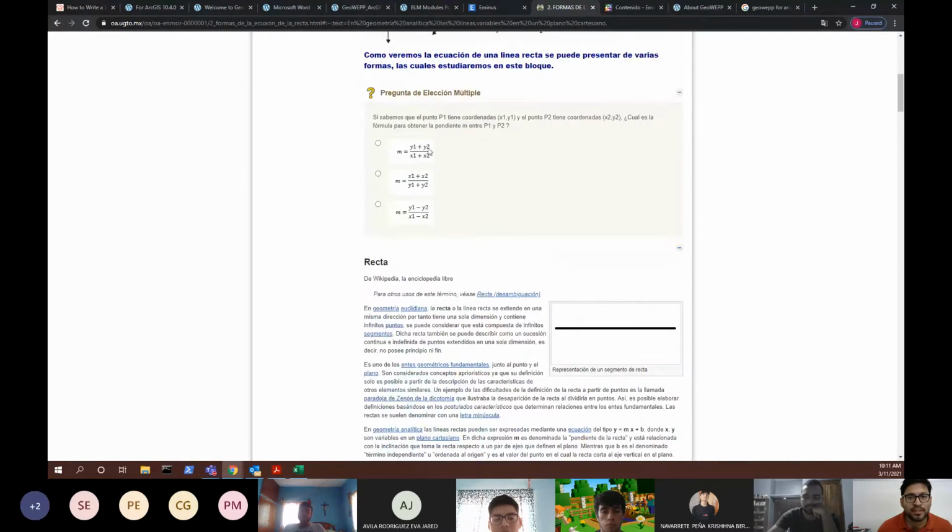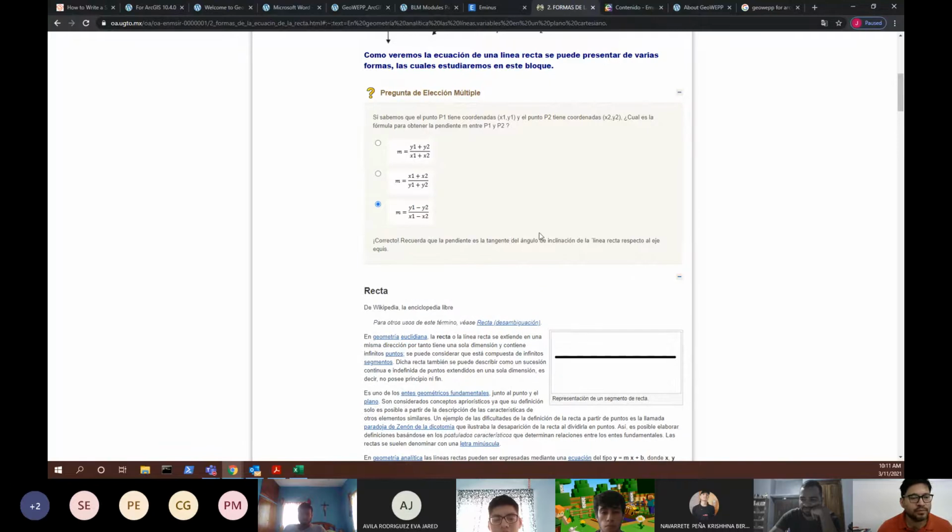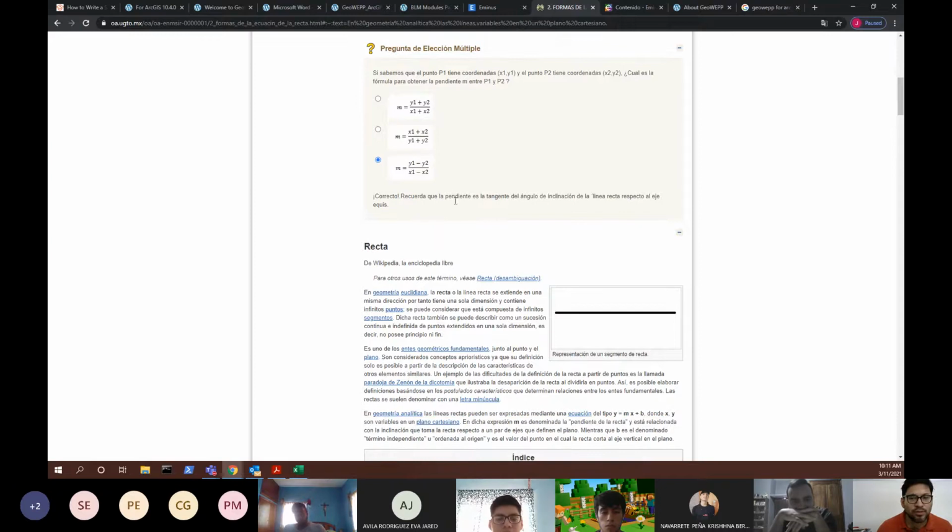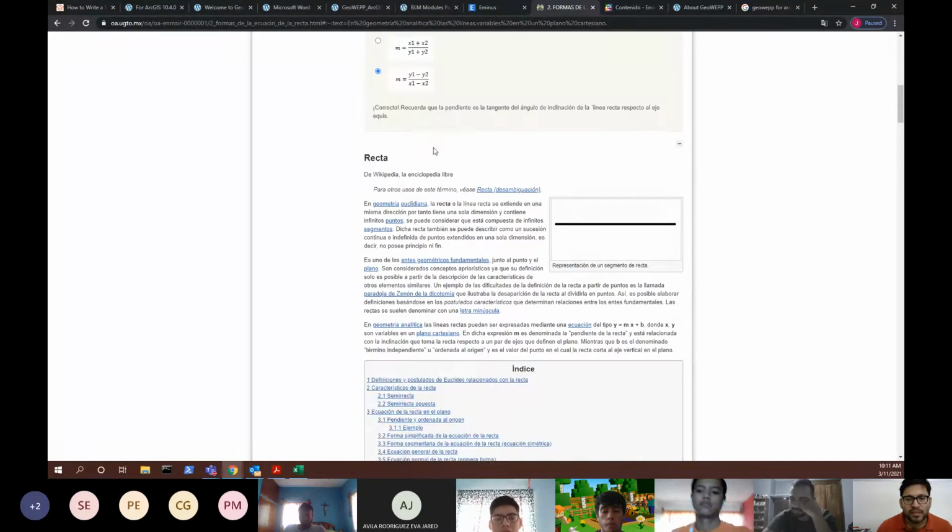And this is the tangent. Remember the slope of a function? It says, oh, correcto, yeah, right. I got it, because this is the tangent. Recuerda que la pendiente es la tangente del ángulo de inclinación de la recta respecto al eje X. So this is the correct one. You already know that it is y1 minus y2 divided by x1 minus x2. So this is the line.